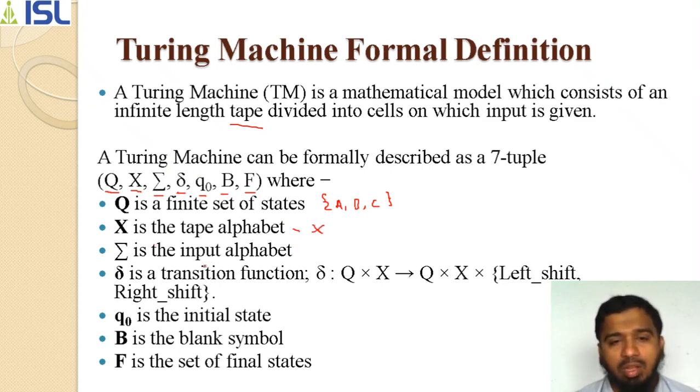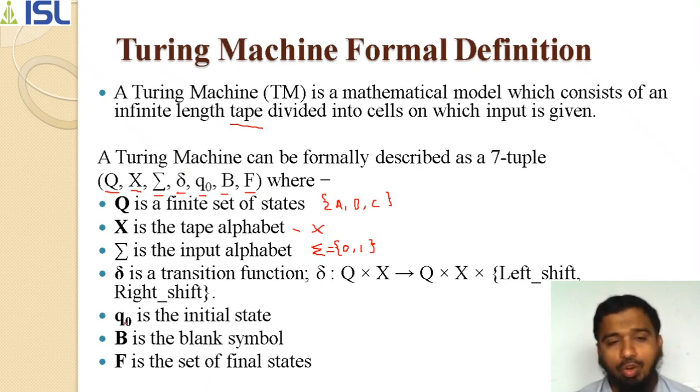What is sigma? Sigma, you already know, we already did in the previous problems and videos, like in FSM, finite state machine, and PDA, like the 0, 1 example. This is the input alphabet. Okay, and I will go to delta later.